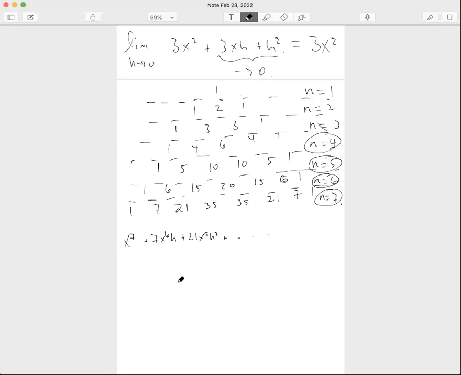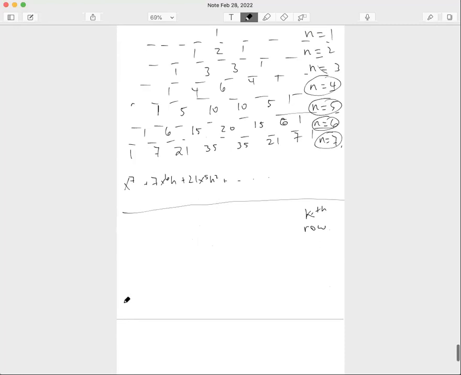How about this? Let's say we're at the kth row. What would my first term be? My first number? 1. What would be my second number? Right, whatever row I'm in.